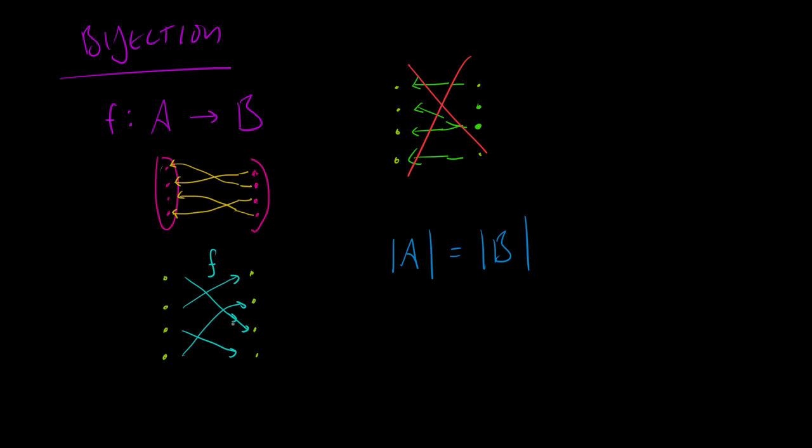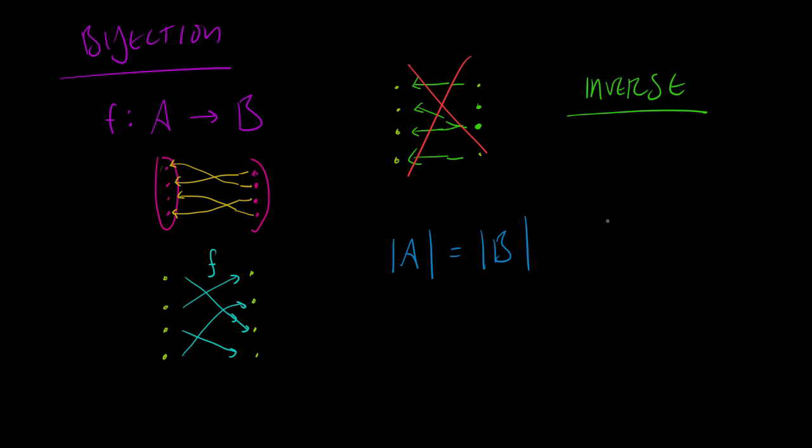Okay? So reversing these arrows like that, when I reverse the arrows, there's a name for that. It's called the inverse function. You may have guessed that by now. And so the inverse function, I'll write that down. Inverse function.